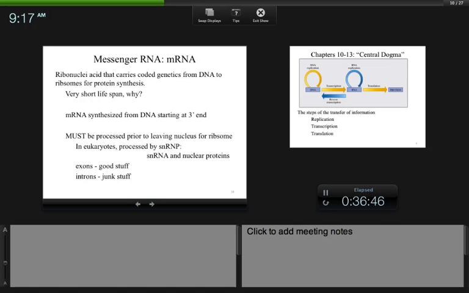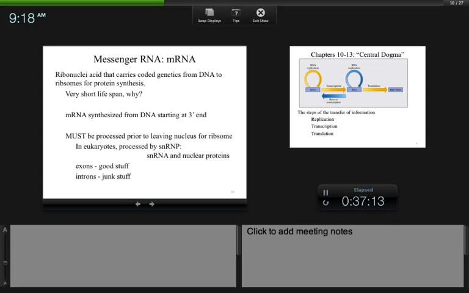Okay, it is synthesized from your DNA strand starting at your 3' end. Before it leaves the nucleus, that's where we have to get your snRNPs occurring. So your small nuclear RNA are going to come in and process that messenger RNA and remove the information that doesn't need to be there before it leaves the nucleus.